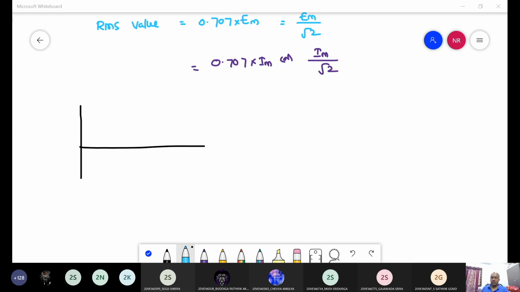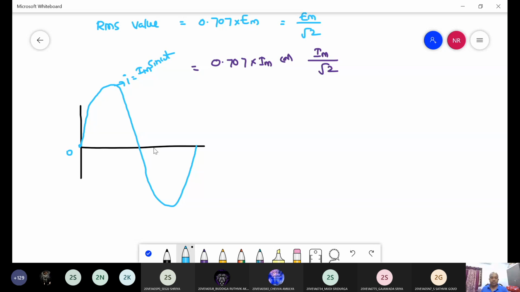So here I am drawing. I'm taking one voltage. This is one alternating quantity, V or current I, that is i = Im sin omega t.